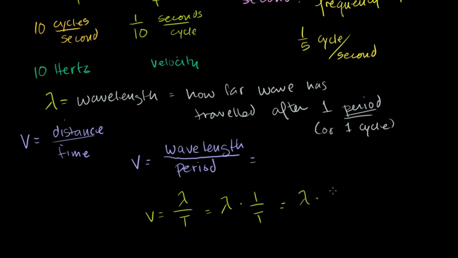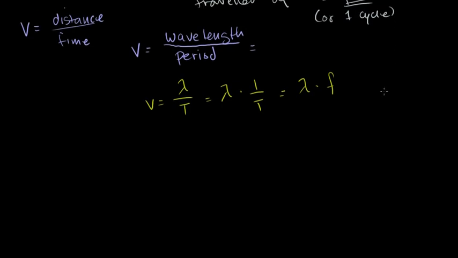wavelength times your frequency. And if you know this, you can pretty much solve all of the basic problems that you might encounter in waves. So for example, if someone tells you that I have a velocity of, I don't know, 100 meters per second to the right. So in that direction, velocity, you have to give a direction.